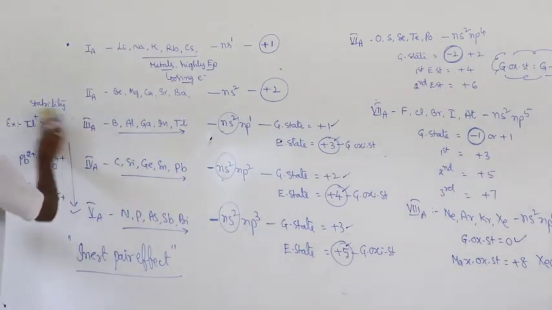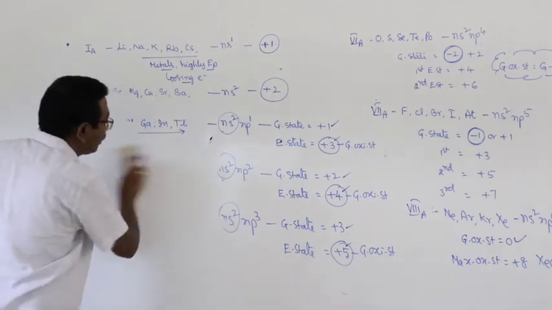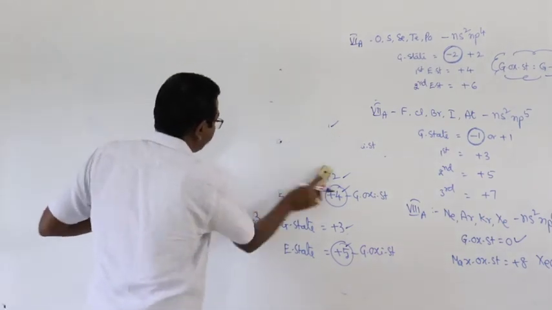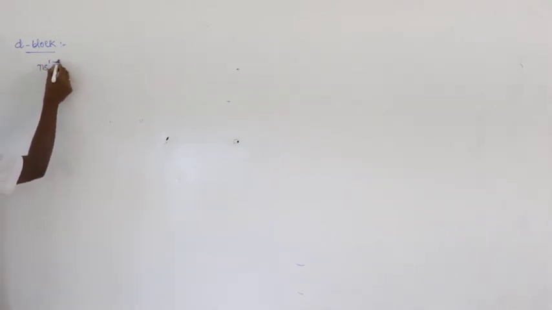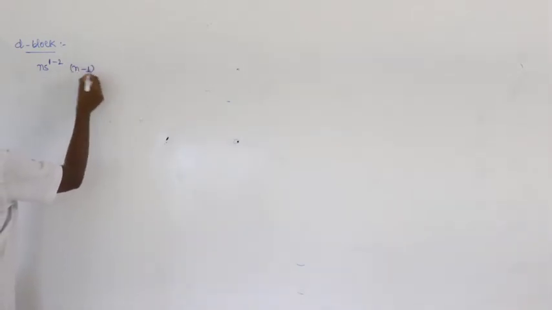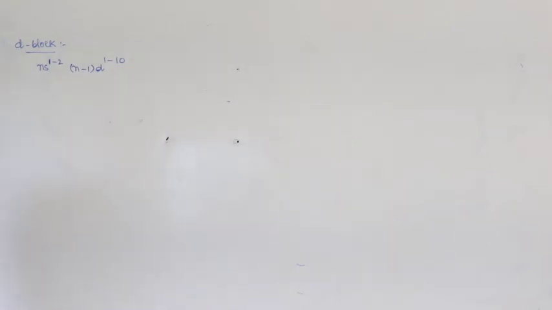And now, what about the oxidation states shown by d block elements? The general electronic configuration of d block elements is ns1 to 2, (n minus 1)d1 to 10.